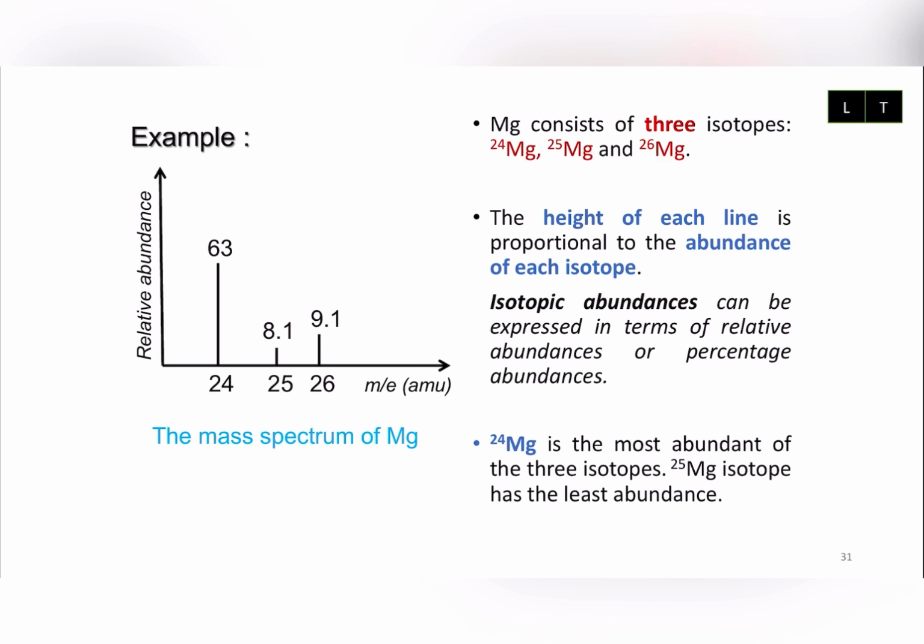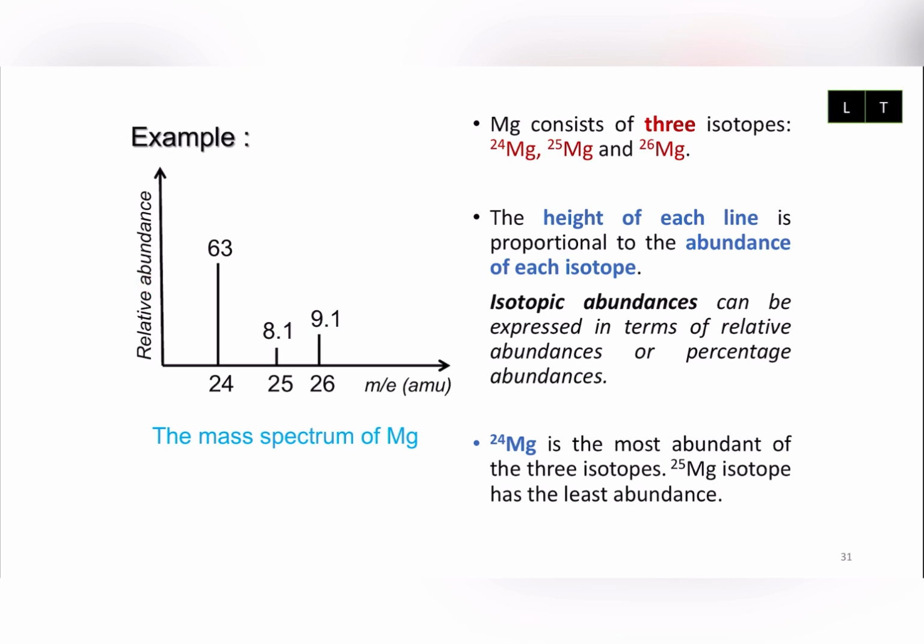You can see that there are different heights for each line, which are proportional to the abundance of each isotope on the y-axis. Isotopic abundance can be expressed in terms of relative abundances or percentage abundances, depending on the spectrum that you get in your question.